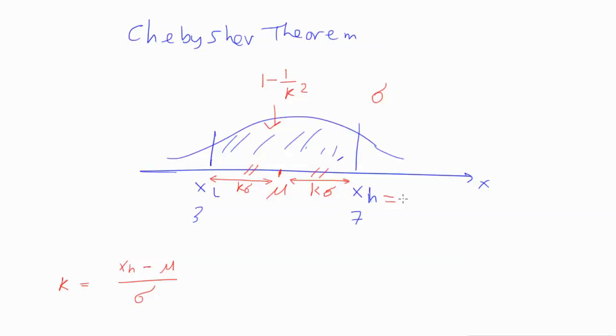This is equal to mu plus k sigma. So that's another way to think of this formula, because x high is actually the mean plus k sigma, while x low is the mean minus k sigma, because it's the mean minus this distance, and this distance is k sigma.